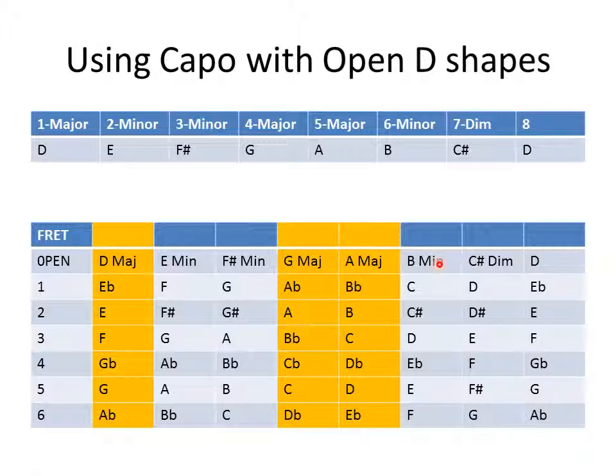Okay. So using a capo doesn't get rid of all bar chords, but it helps you get rid of some. And the more you can get rid of, the better. And the D shapes are pretty good.